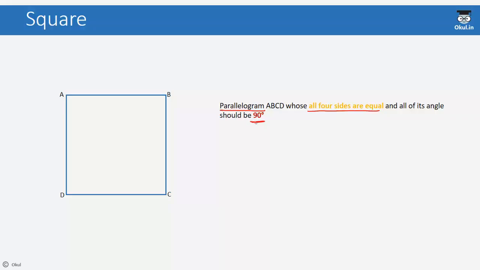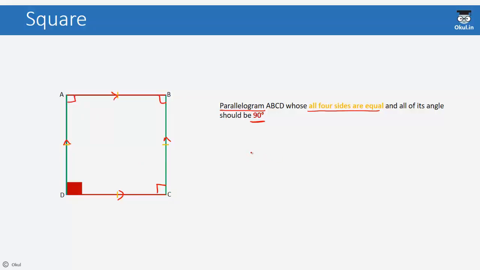Here, since ABCD is a parallelogram, I can say that AB is parallel to CD and AD is parallel to BC. Also, all four sides must be equal. That is, AB should be equal to BC, equal to DC, which should be equal to DA. And all the angles must be 90 degrees. That is, angle D, angle C, angle B and angle A should be 90 degrees.